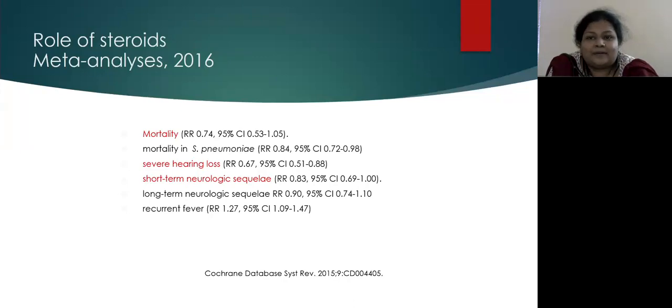Maximum benefit is with hearing loss and short-term neurological sequelae. Actually, the overall mortality doesn't show that much benefit, but the short-term neurological sequelae, I mean side effects, will be prevented. This is according to this meta-analysis.